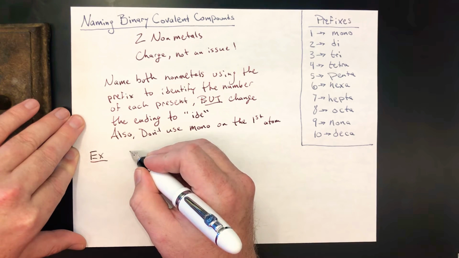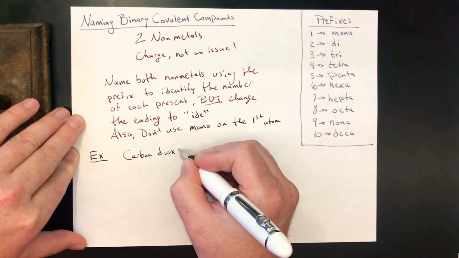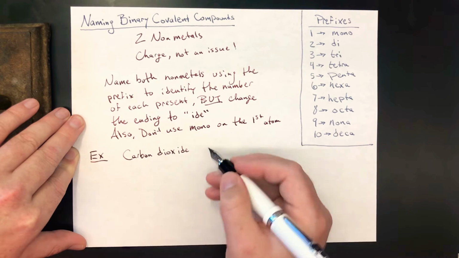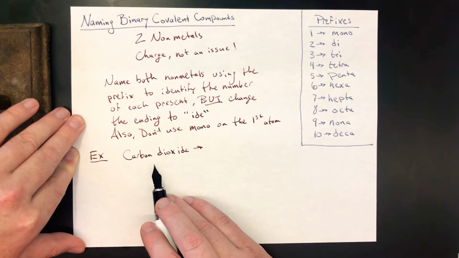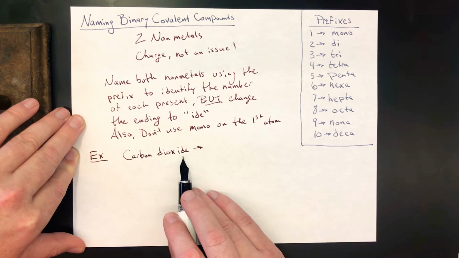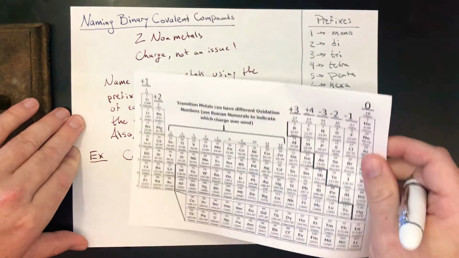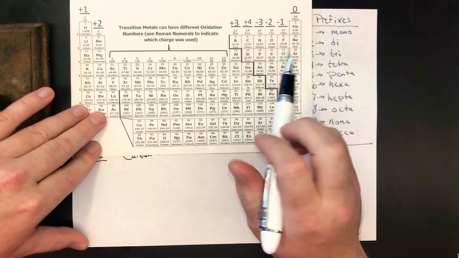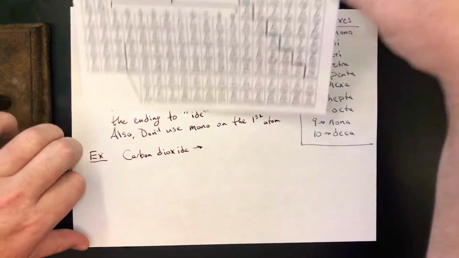If I have carbon dioxide, all of us should be pretty familiar with this. It's a compound that we've heard of quite a bit. How do I know that's covalent? Well, carbon is a nonmetal, oxygen is a nonmetal, so that tells us it's covalent.